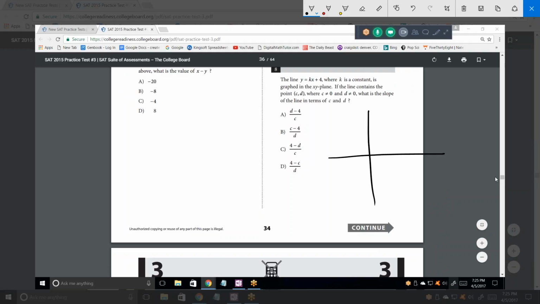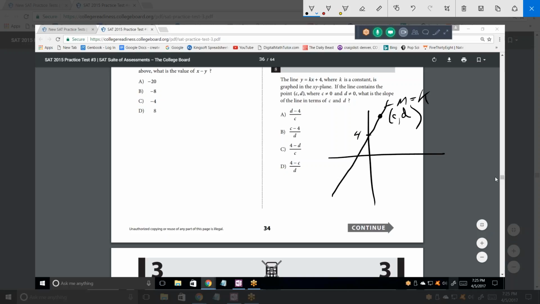It goes through, first of all, we know that it's got a y-intercept at 4. And it's got a slope of k, right? Yeah. That's a straight line. Doesn't have to be that straight line, but that slope is k. Could be negative. K could be a negative number, and then I'd have the wrong orientation on the slope. But it also has the point C, comma, D on it, where neither C nor D is equal to 0.